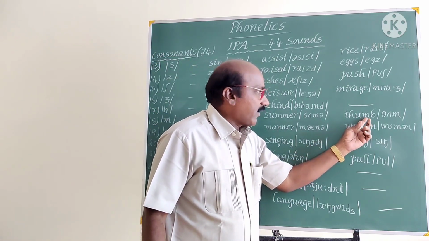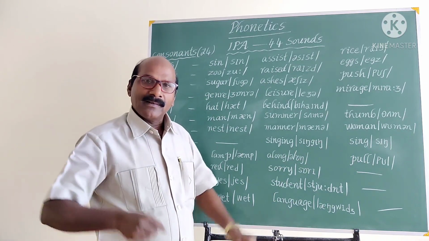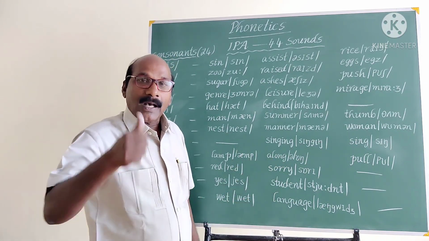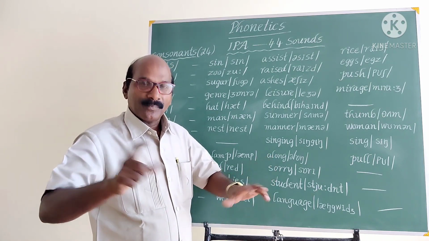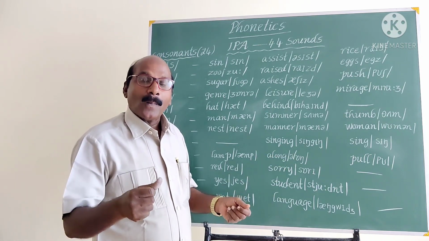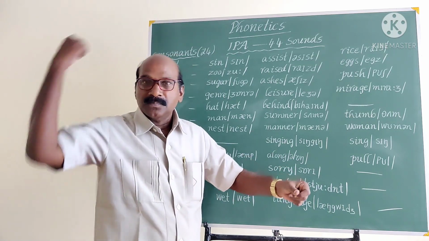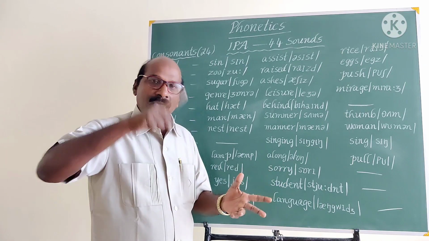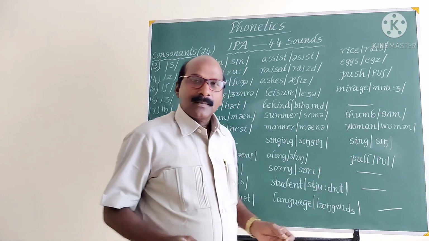See, the sound is different. Where M is followed by B, the final B is silent in most of the English words. Thumb, not thumb with a B sound. Bomb, lamb, womb, tomb, comb. In all these words, where M is followed by B, B is silent, only M is pronounced.